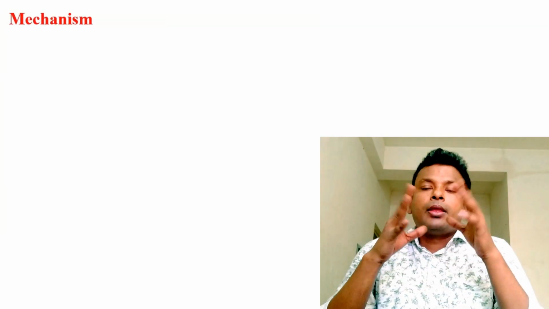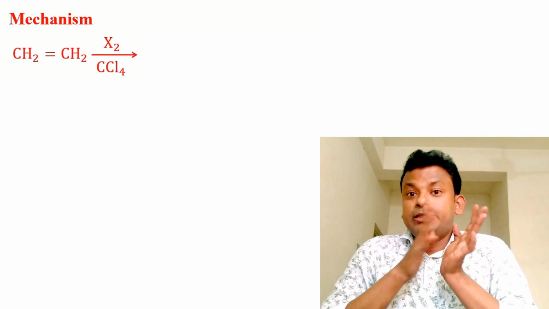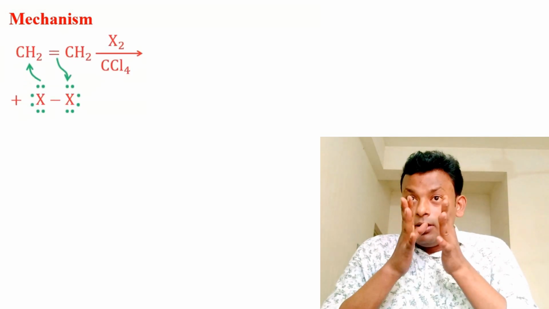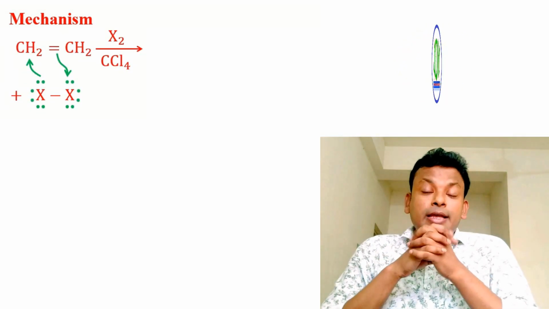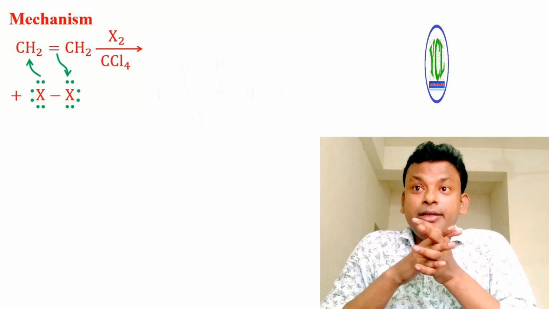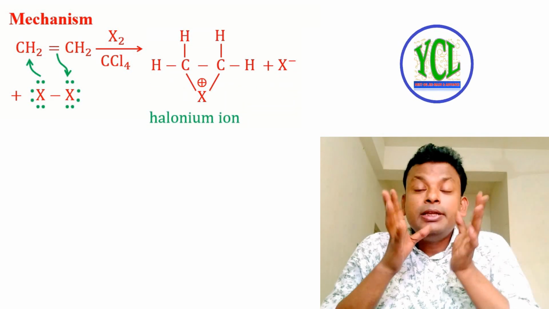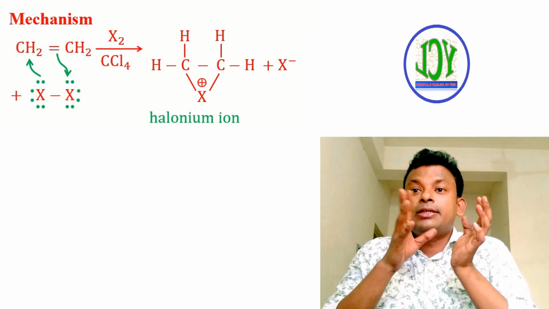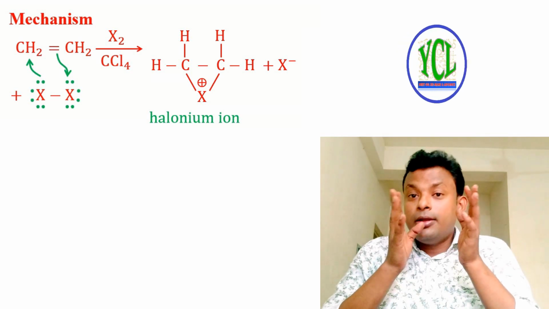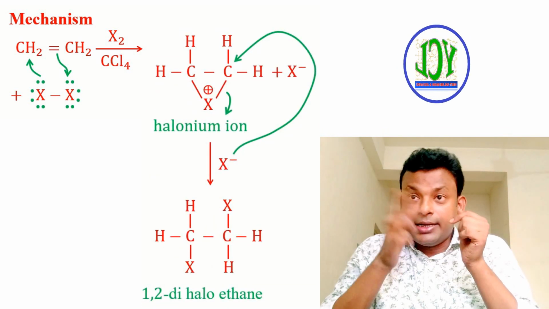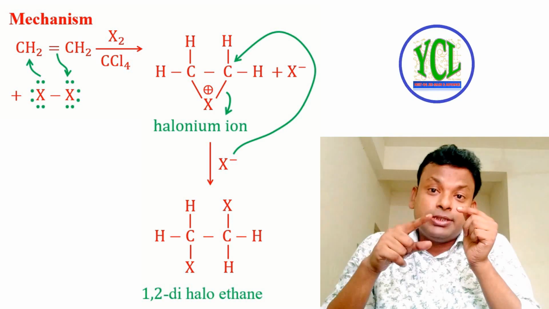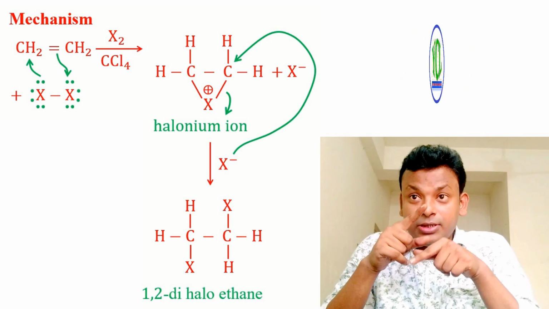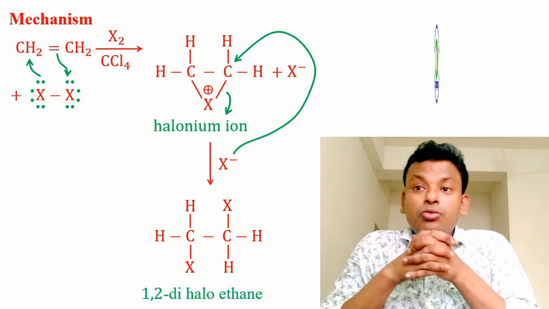Mechanism: here first the ethene pi electrons react with X2, that is the halogen, and form a 3-member cyclic transition state, that is the halonium ion. In the next step, X negative attacks from the opposite side, that is the anti-position, and forms 1,2-dihaloethane.